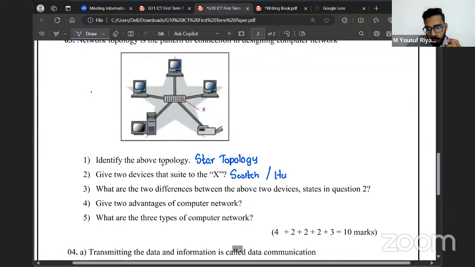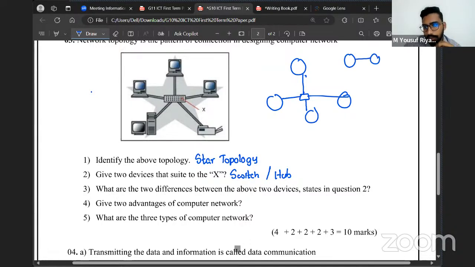What is meant by topology? Topology means the way the devices in a computer network are connected together, the way they are arranged. For example, if you take four computers, they can be connected like this, or like this, or like this.